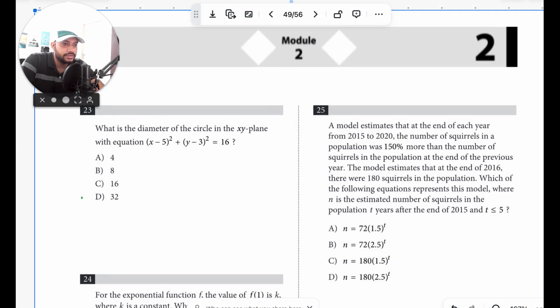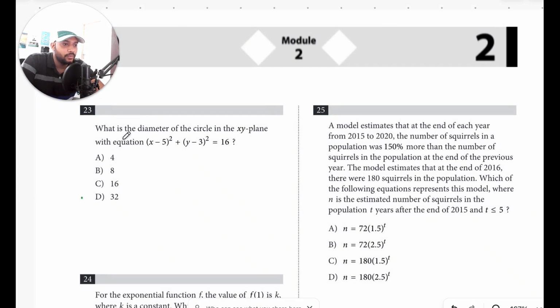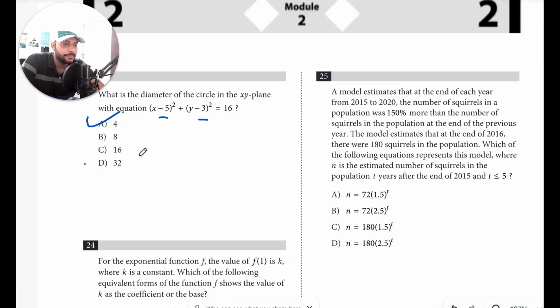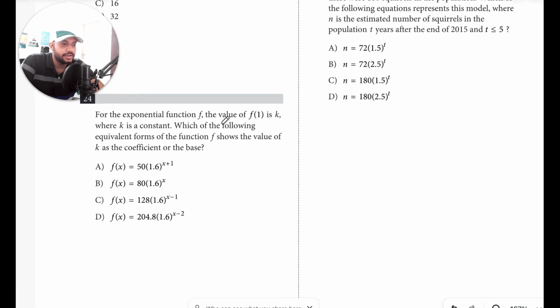Question number 23. What is the diameter of the circle in the xy plane with this equation? Basically 5 and 3 is the center, 16 is the radius squared, so the radius is 4. For the exponential function f, the value of f of 1 is k, where k is a constant. Let's say k a raised to the power x, something like that.